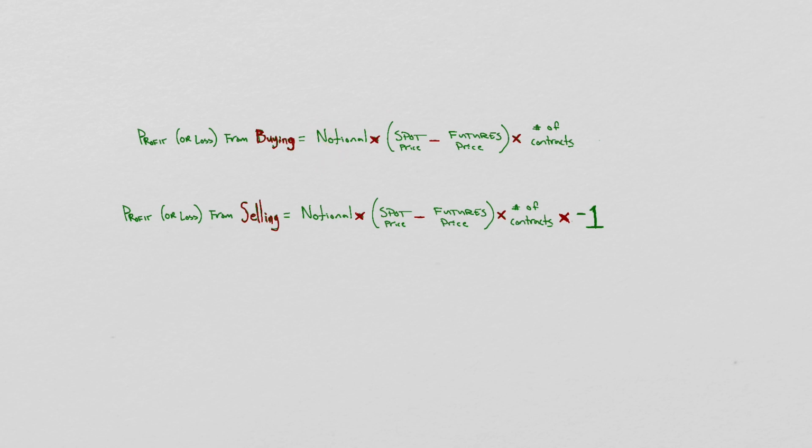And vice versa, since what the futures buyer gains is what the futures seller loses, the only difference between buying and selling, profit or loss, is that you take that same number and then you multiply by -1. What the buyer gains, the seller loses, and vice versa.